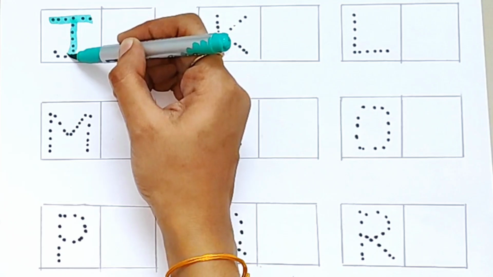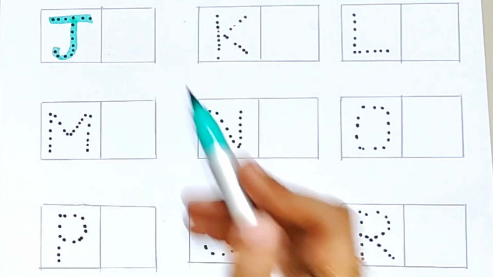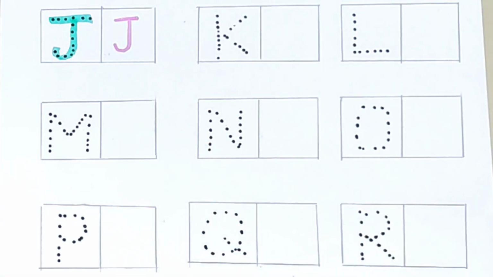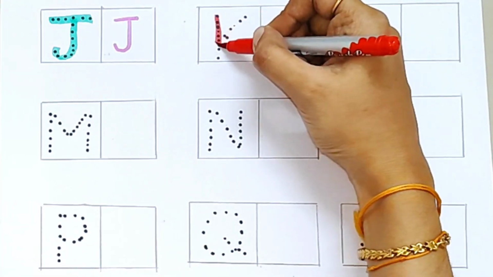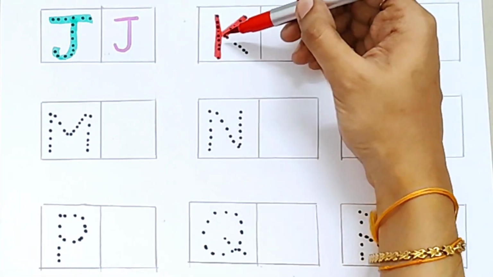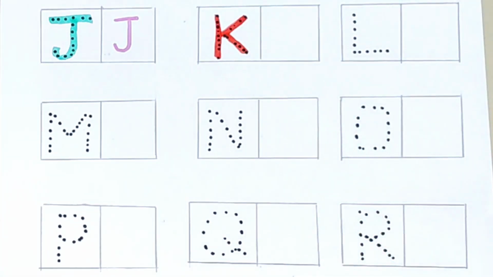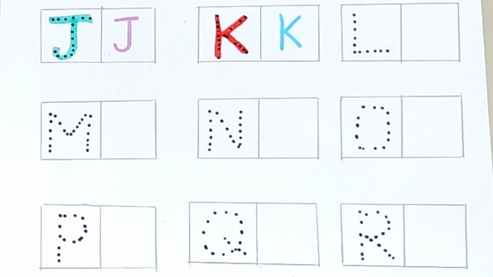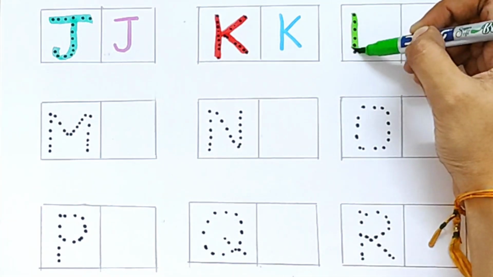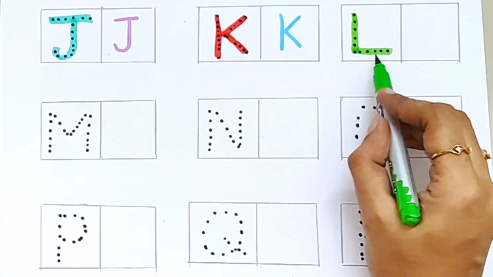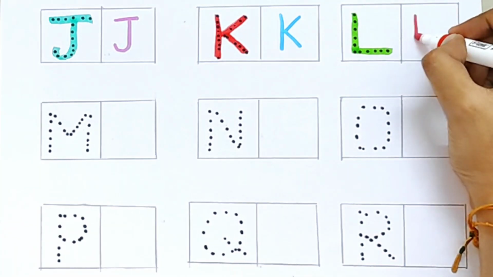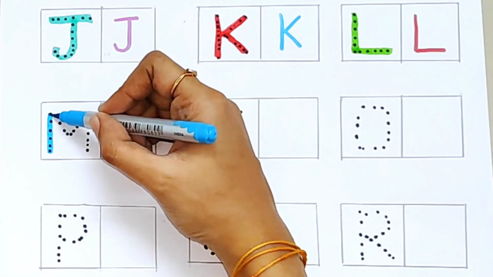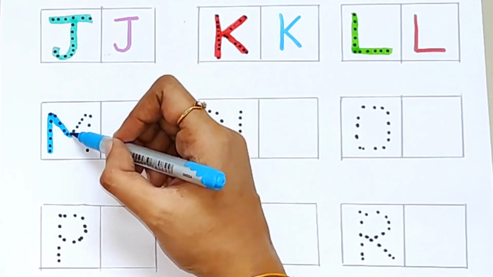J for jabiru. K for kingfisher. L for lorikeet. M for macaw.